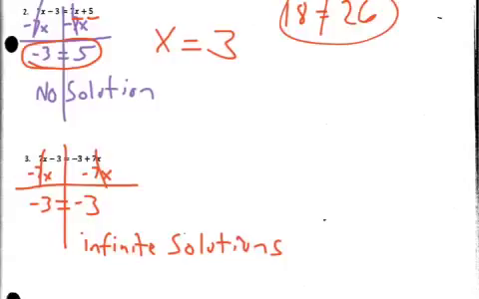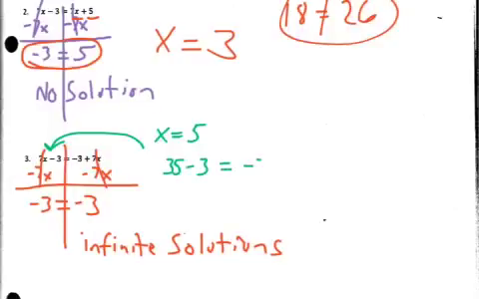So for example, let's just say I put 5 in for x. Let's just say x equals 5 here. So if I put that into the left side, that's going to be 7 times 5, which is 35. Let me rewrite it. So 7 times 5 is 35, 35 minus 3.